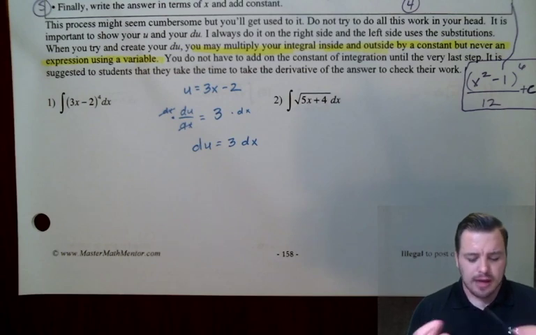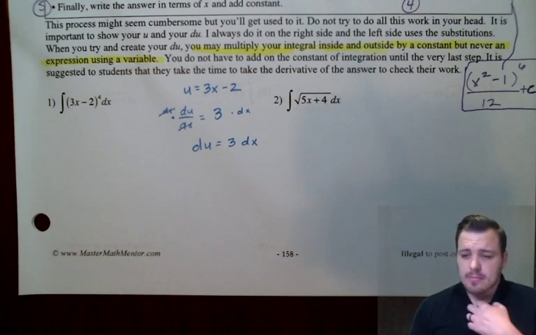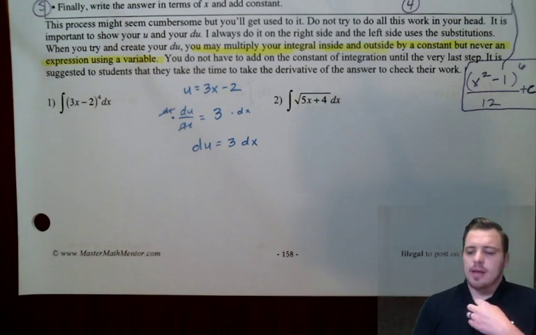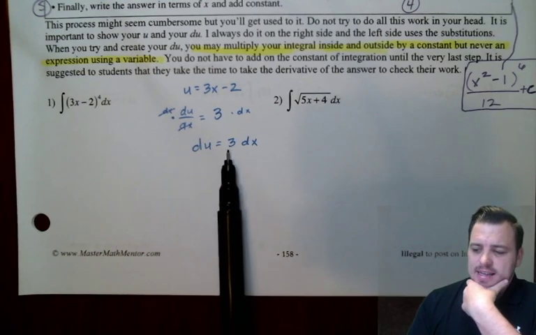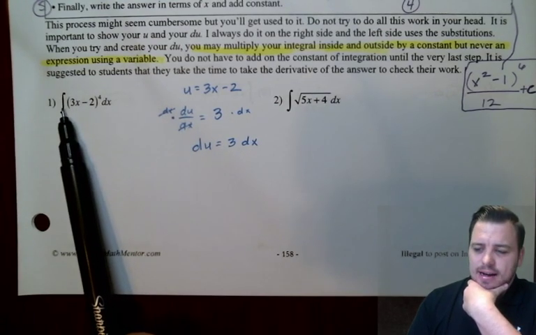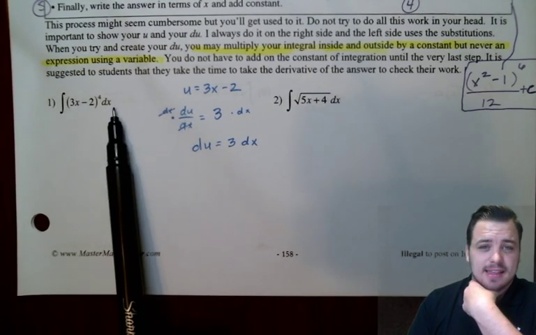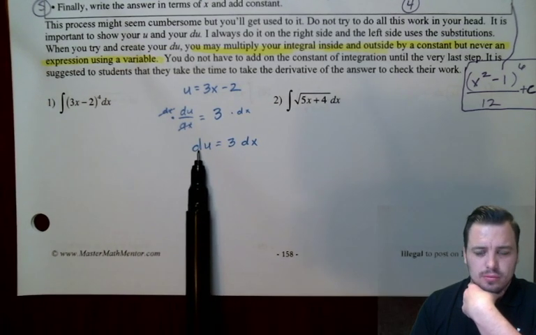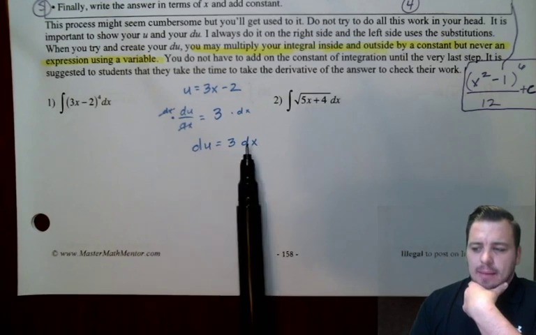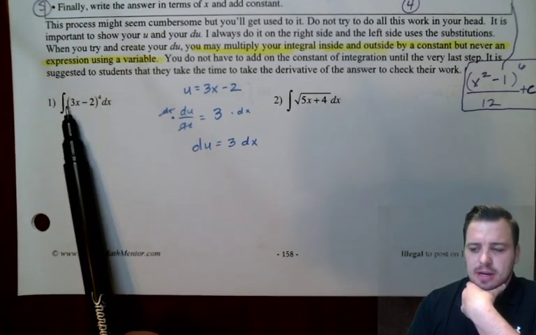All right, so now from here, what we want to do is say, I need this inside here. I need to have a 3 next to that dx in order to represent it in terms of u. So I basically need this right here to be on the right side.